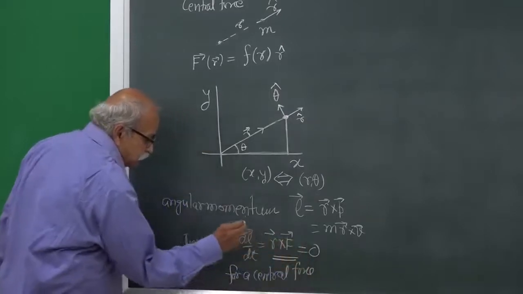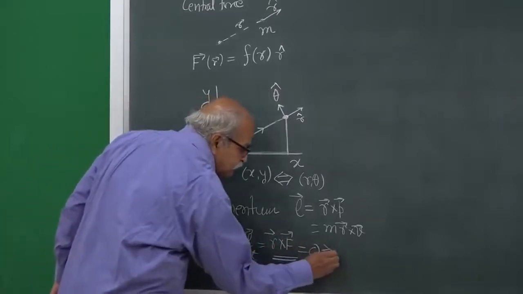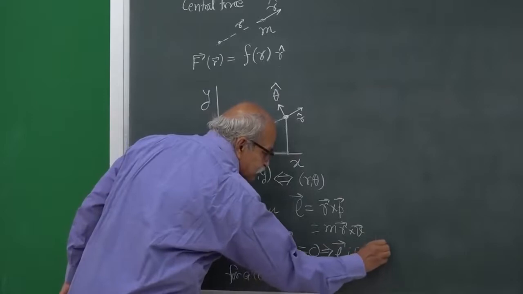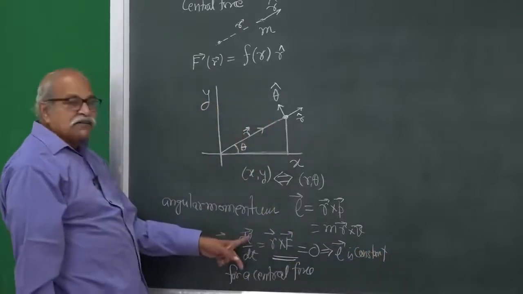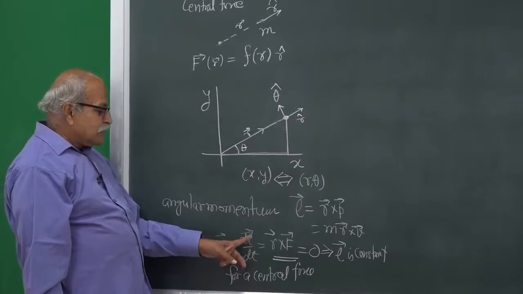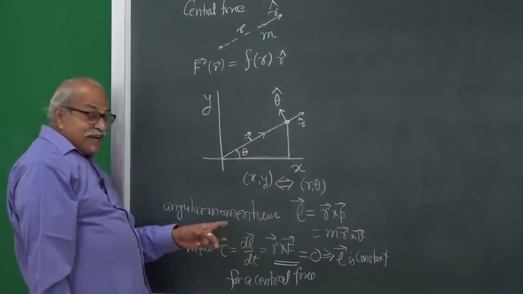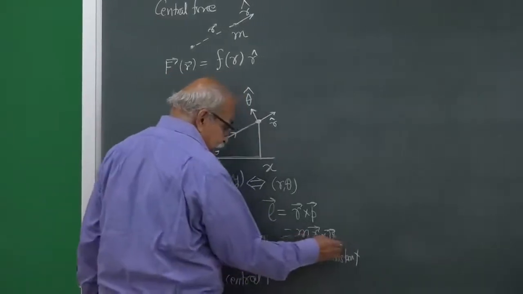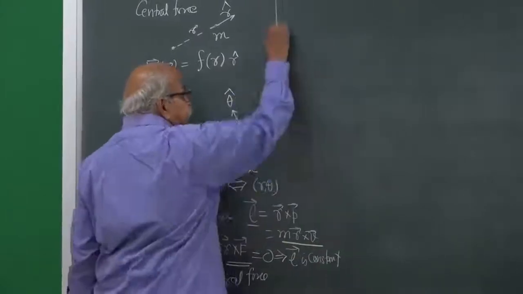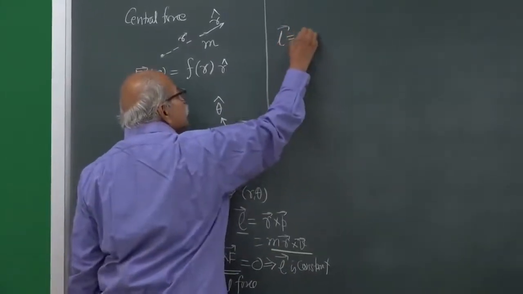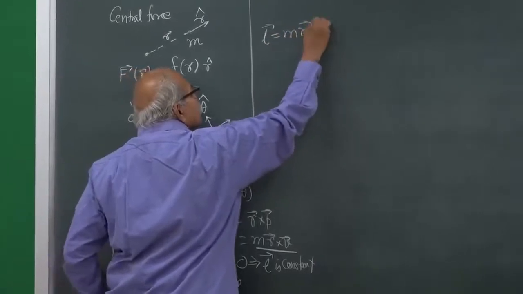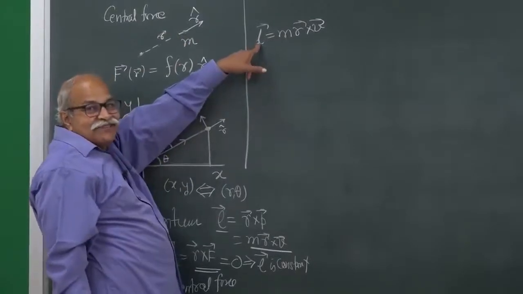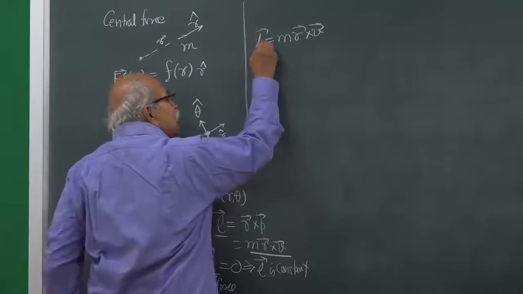And if torque is 0, that tells me that L is constant, remember, it is d/dt of L vector. If that is 0, that means L vector is constant, in magnitude as well as in direction. L vector is equal to mass times r cross v, and this is a constant vector.